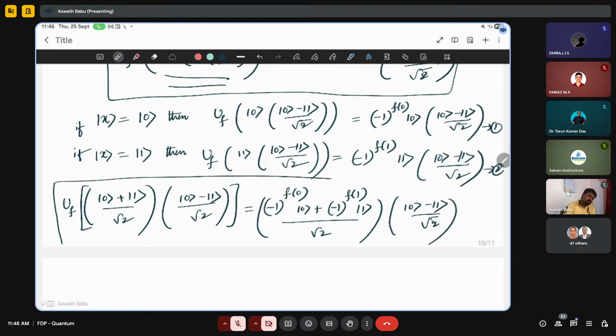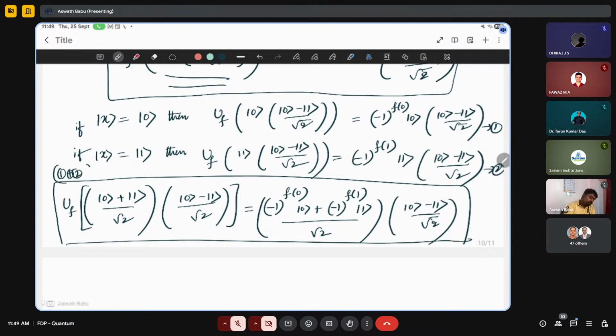This is what I get from adding equations 1 and 2 and dividing by square root of 2.